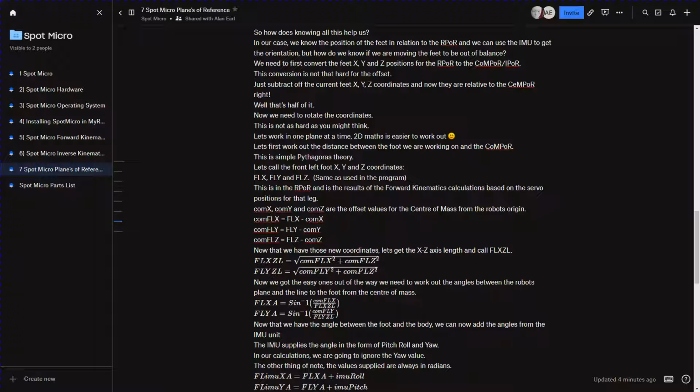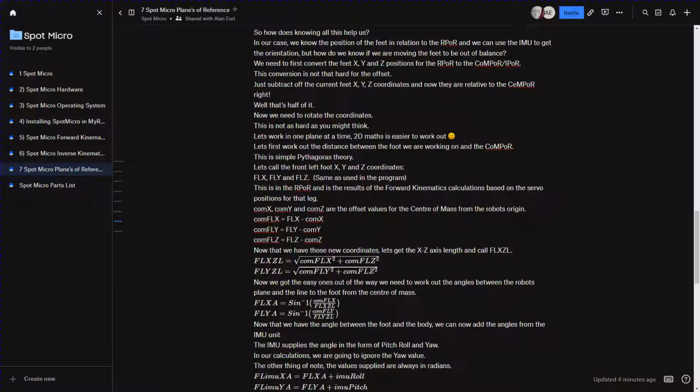In this case we're going to use FLXZL, that's front left XZ plane length. You would have seen this formula before. It's actually a bit of Pythagoras.